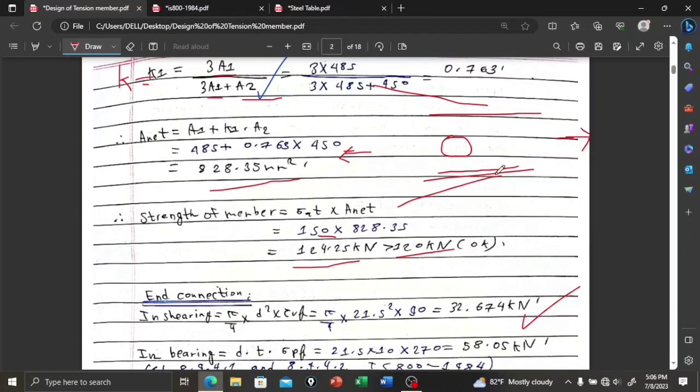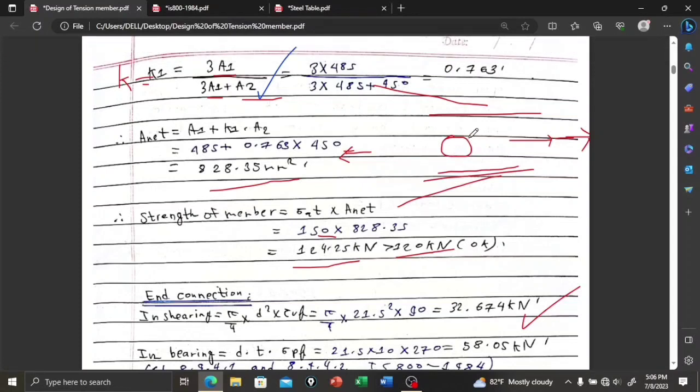This angle section will try to go in this direction, but this will resist. So bearing strength is this stress times area. Area is diameter times thickness.